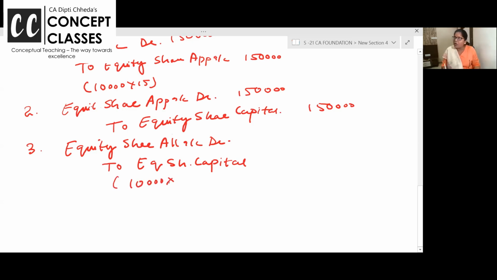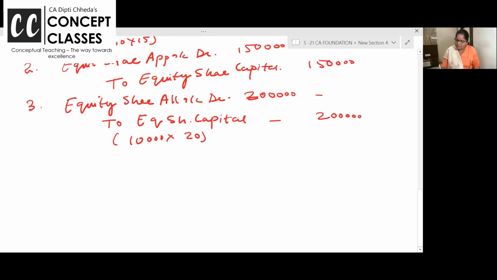How much do you want to call for allotment? 20 rupees per share, that is 2 lakh.